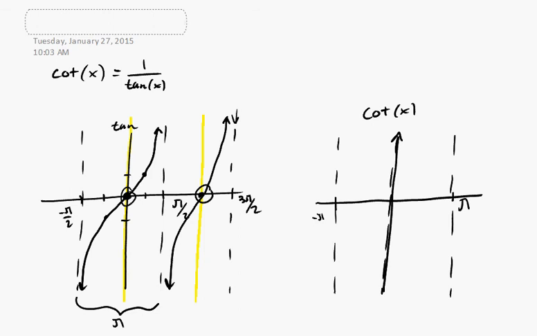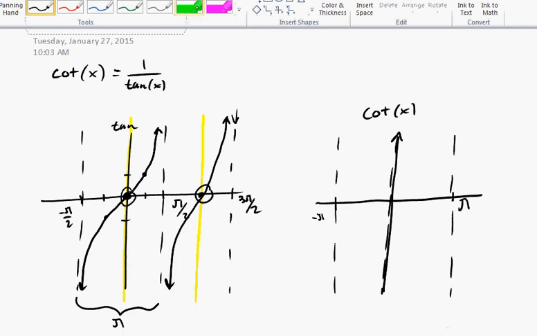Alright. Now the only thing to consider here is that cotangent is when you flip your sines and your cosines. So if you're thinking about the tangent, and you're thinking of 1 over the tangent, let me highlight an area here.